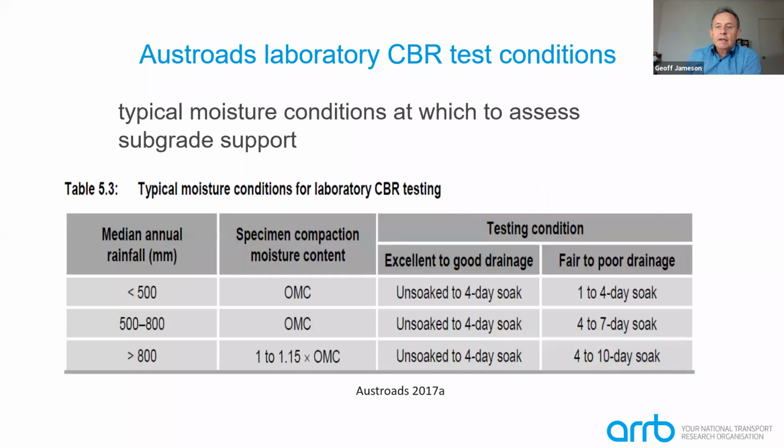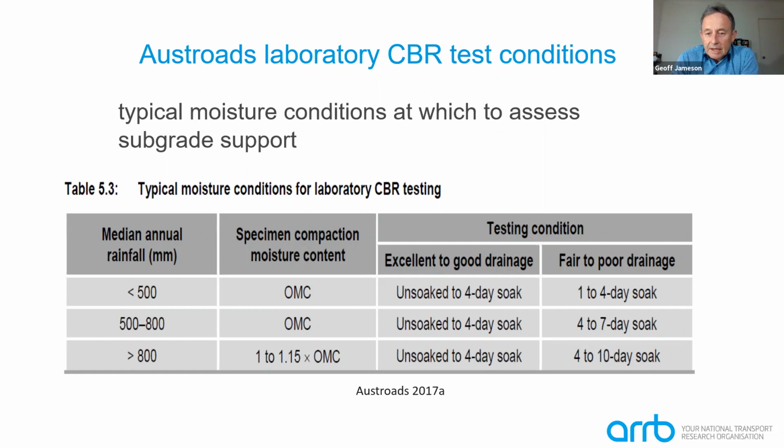In terms of the test conditions, the moisture conditions to use during the CBR testing, in the Austroads guide, there's some typical moisture conditions that are being used. And you can see here the compaction moisture content that you use to prepare the specimen, and whether it's soaked or unsoaked, the testing can vary depending on the rainfall and also the drainage that you anticipate along the project.